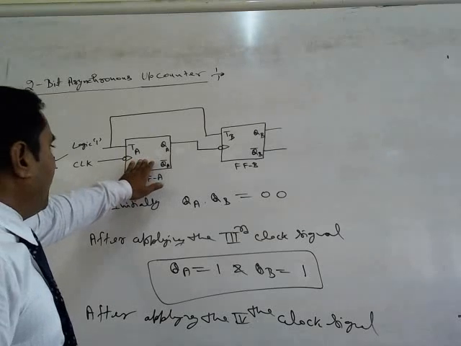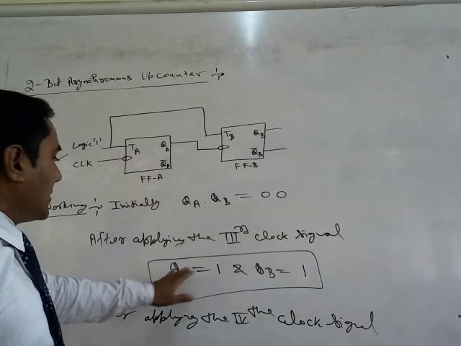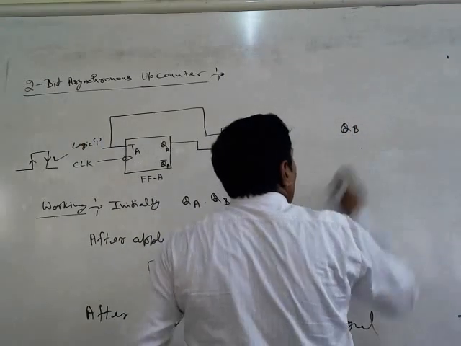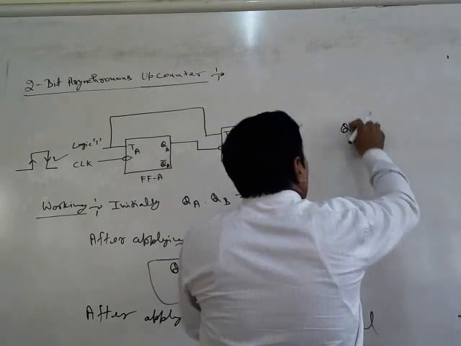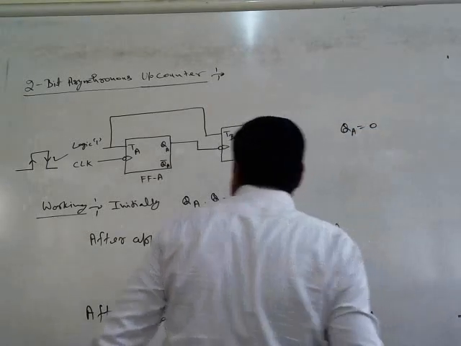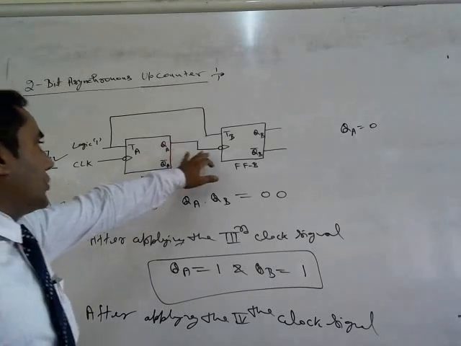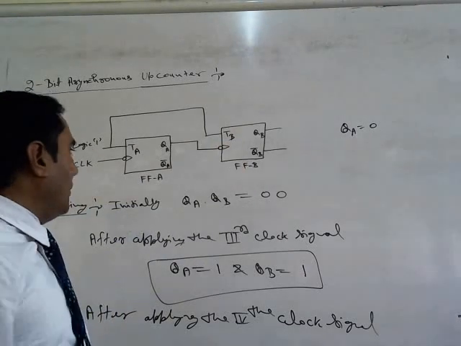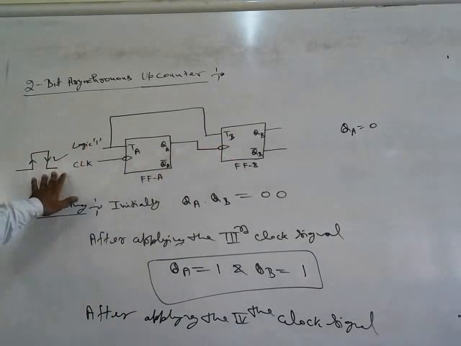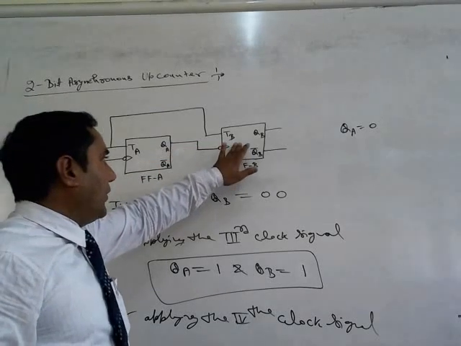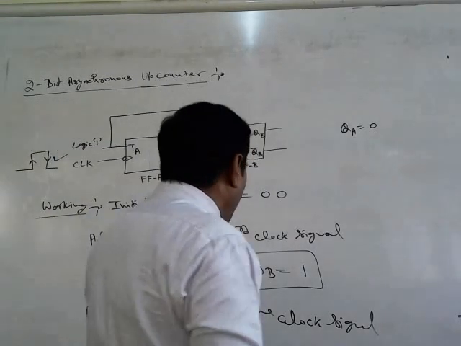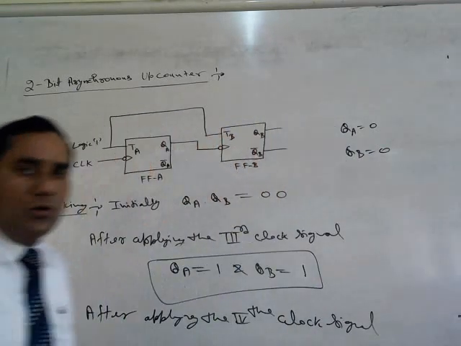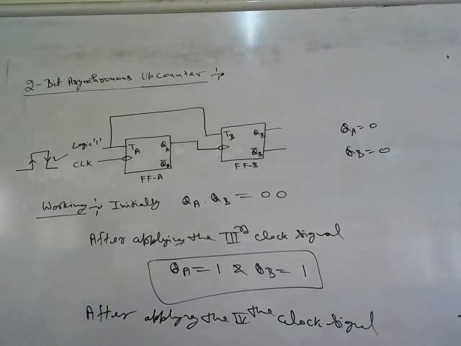Now, after applying the fourth clock pulse, FFA again toggles, and QA becomes equal to 0, and QA is connected to the clock of the next flip-flop. So 0 comes here, it treats 0 as a negative clock pulse. So flip-flop TB again toggles. So again its content will be QB equals to 0.